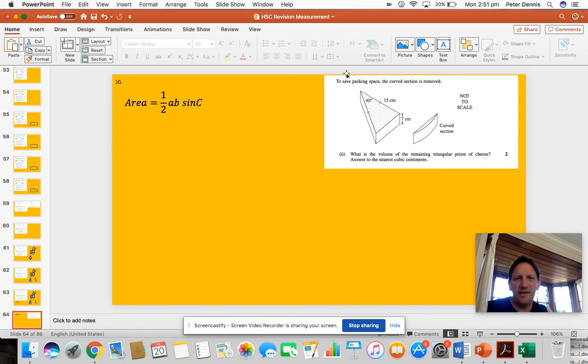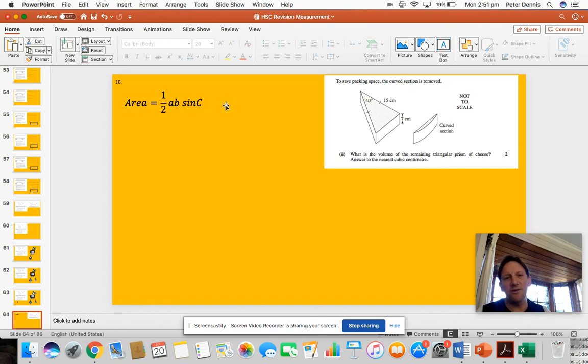Well, the easiest way to do that is to find the area of this thing here. What have we got? The area equals a half ab sine C. So a half of 15 times 15 times sine 40. That's going to give us the area of the top. We actually want the volume. To find the volume of the triangular prism, we're going to times it by 7, aren't we?